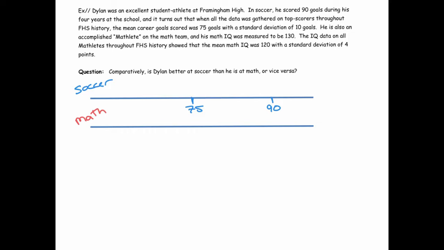So I'm going to jump from 75 by 1 standard deviation, which brings me to 85. I'm not quite at his record.